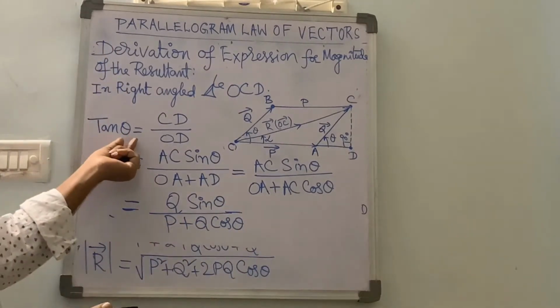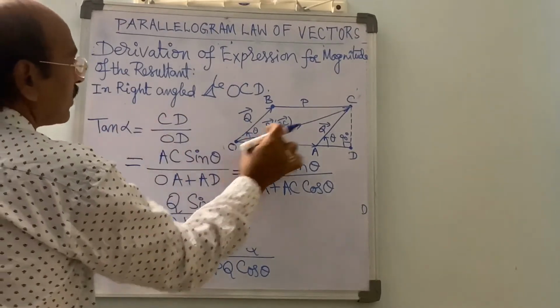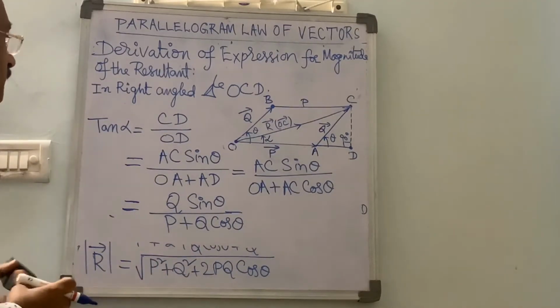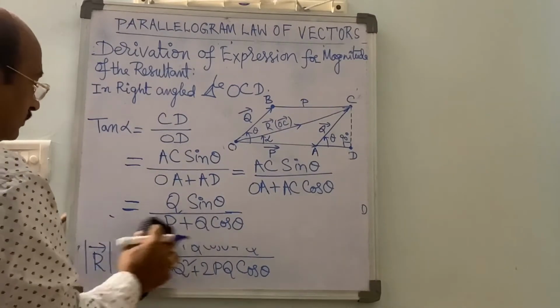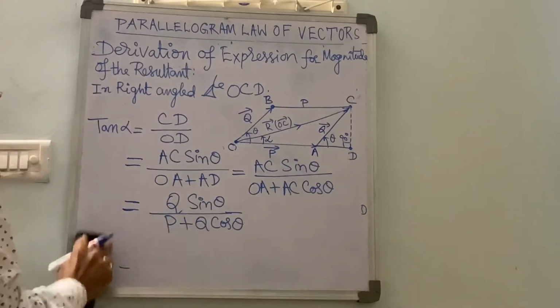Now we want only angle alpha here. Tan alpha is equal to q sin theta by p plus q cos theta.